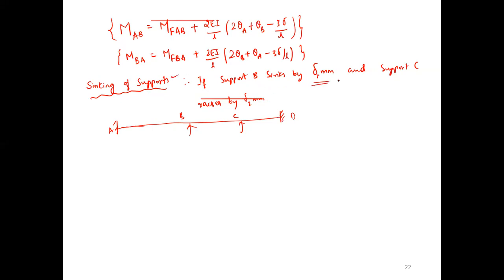Support B sinks by delta 1 mm. Support C rises by delta 2 mm.